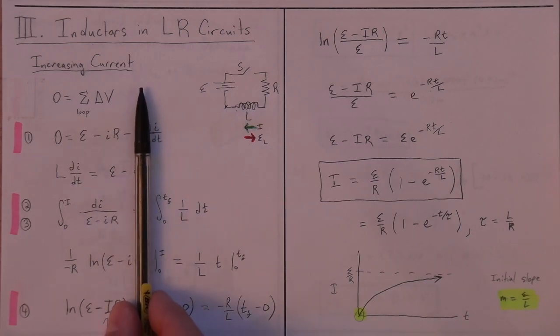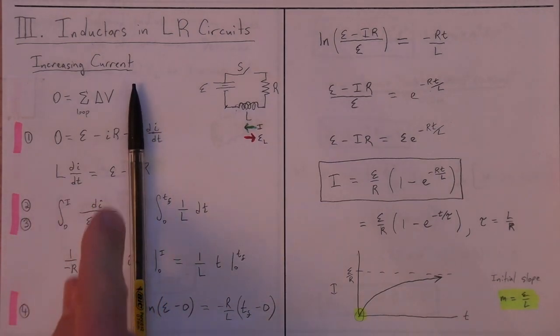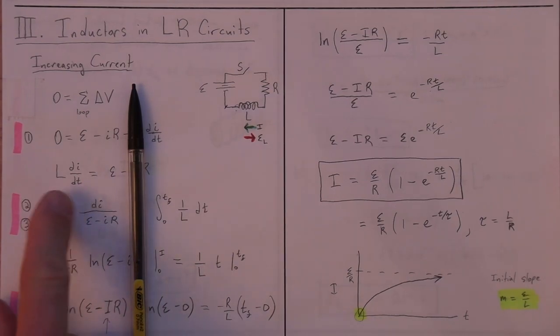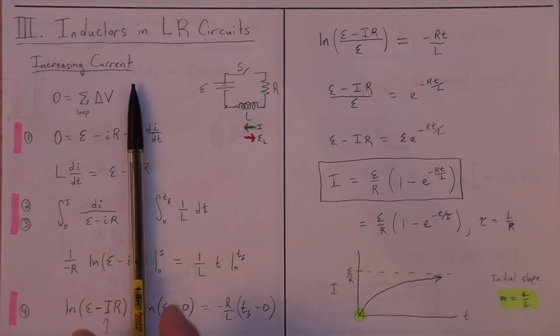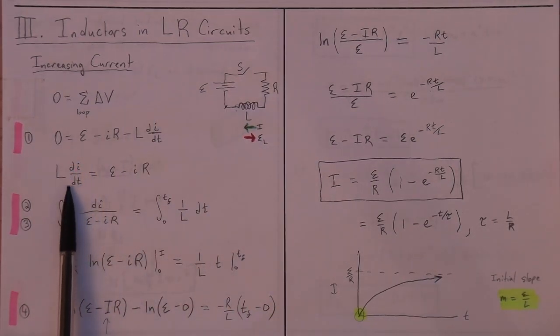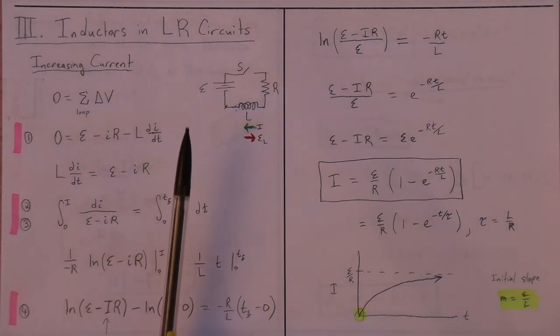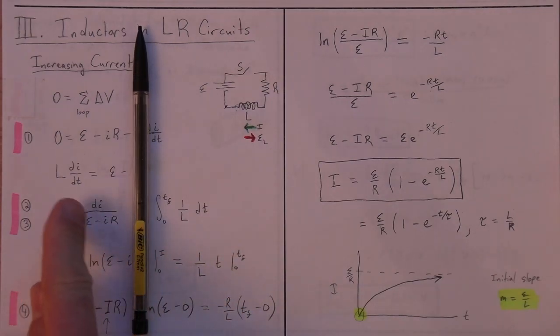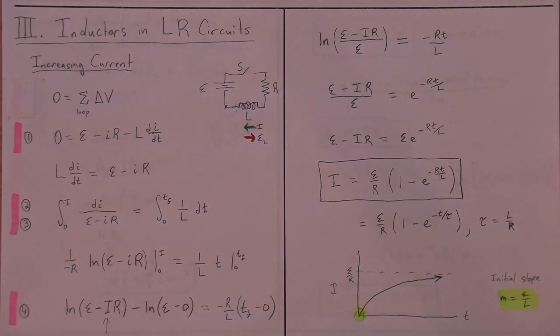So when the current's 0, I have this. So if I divide both sides by L, I get mth over L for the di dt, the initial slope. So that's something that comes up also. They'll say, what's the initial rate of change of current? And it would be mth over L. You could see that from the differential equation by realizing in the beginning the current is 0. So that's basically all that's left of the differential equation.